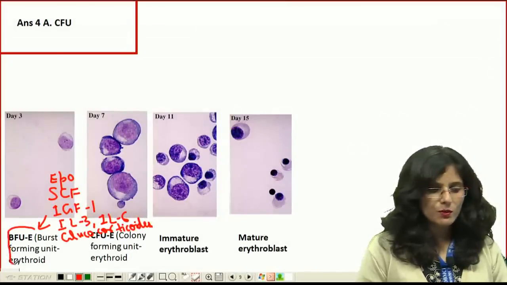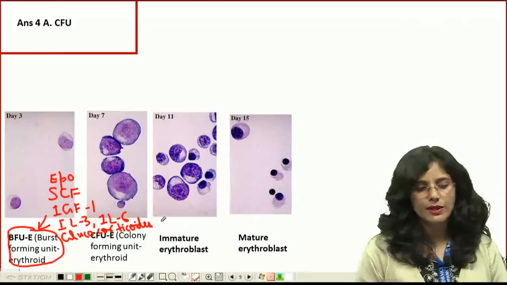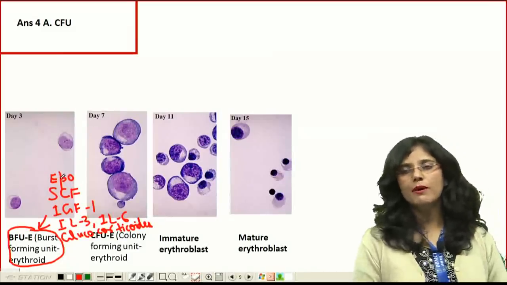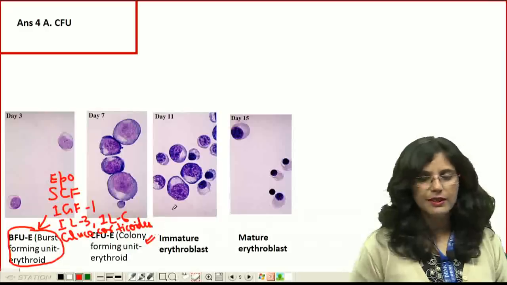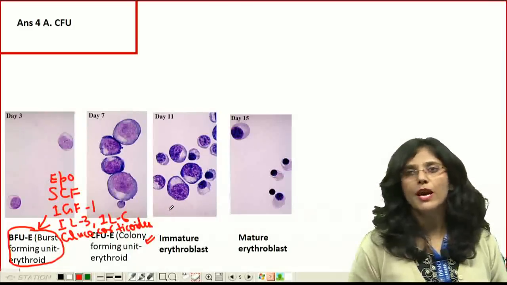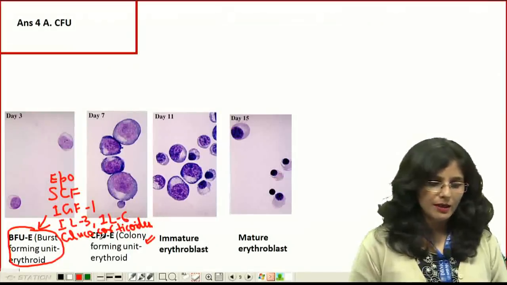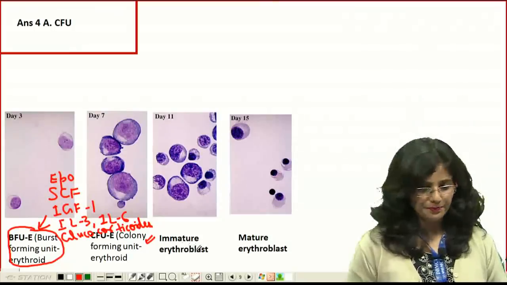So although the BFUE is stimulated by erythropoietin, it is stimulated by the other growth factors also, but the colony forming unit is affected only by the erythropoietin, and the maximum effect of the erythropoietin is on CFUE.